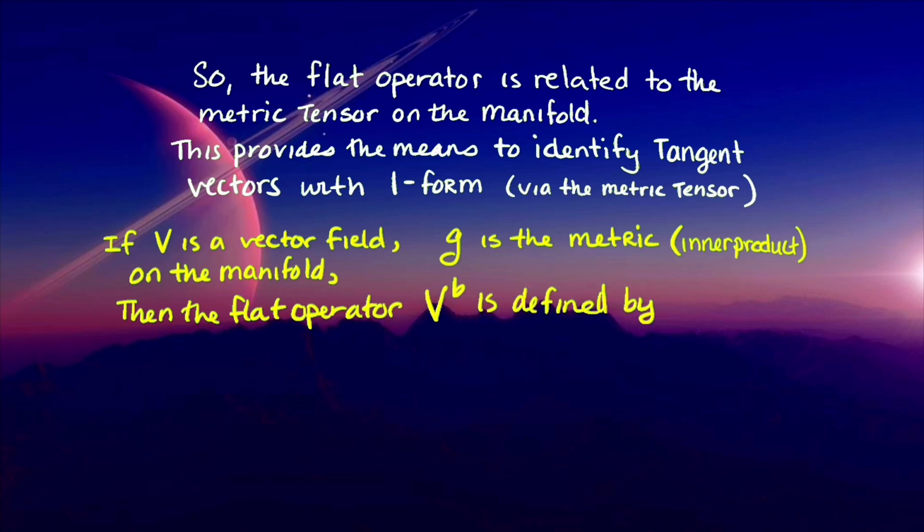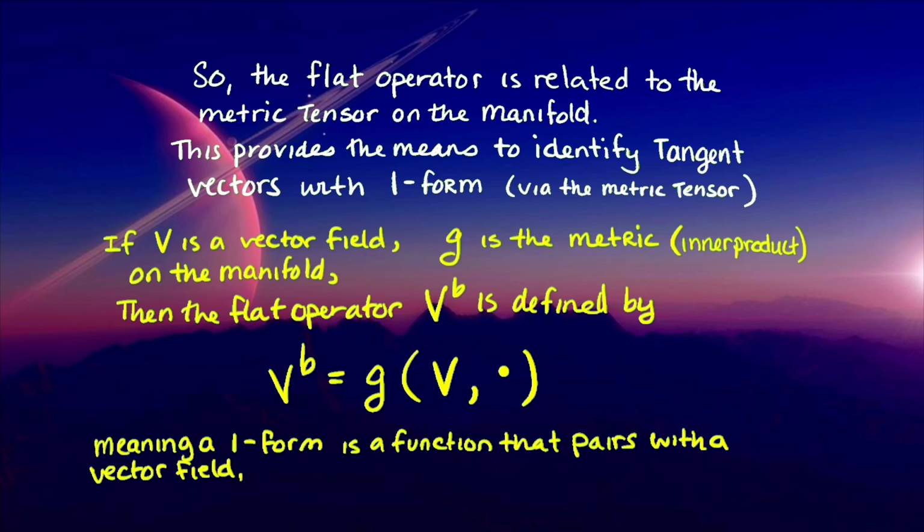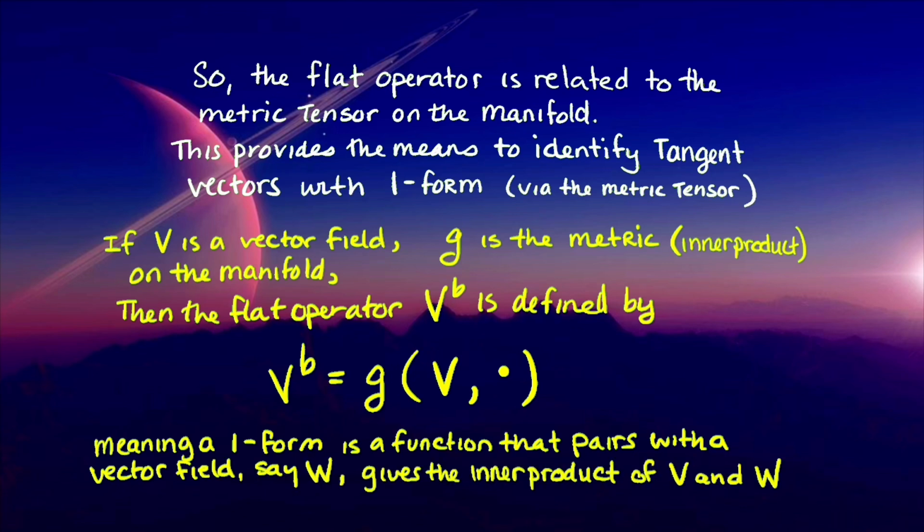So if V is a vector field, g is the metric, the inner product on the manifold, then the flat operator is defined as the inner product of V with something else, producing a particular metric. Via the inner product, of course.